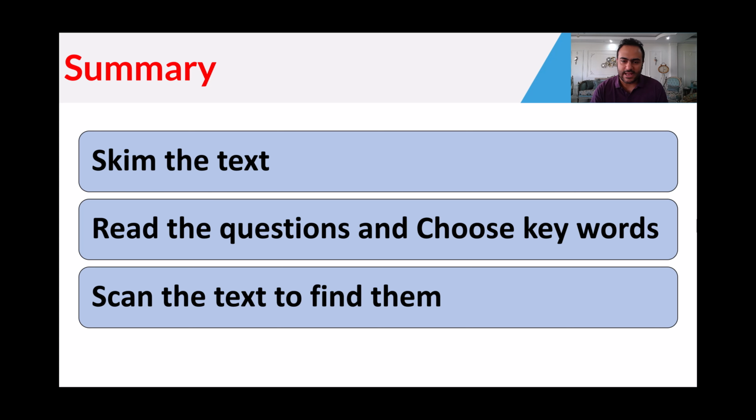While we do scanning, we should be expecting them to be changed completely. For example, a phrase into a clause. A clause means a group of words, a partial sentence, whose meaning is not complete. Or a sentence might be changed into a clause or phrase. Part of speech might be changed. So all these changes might happen in IELTS reading.